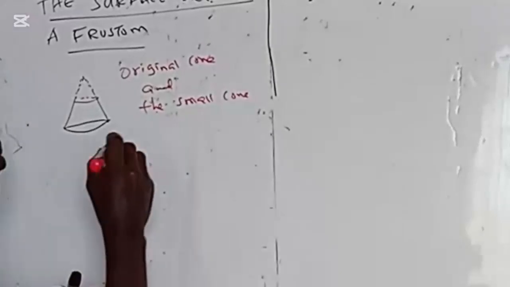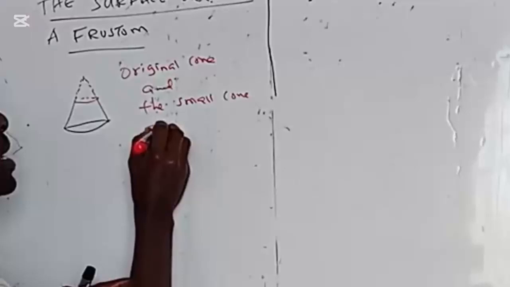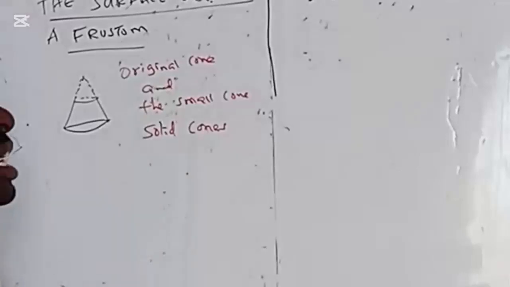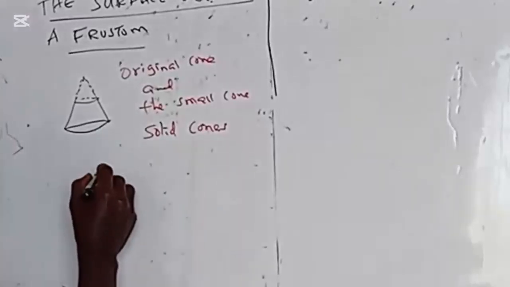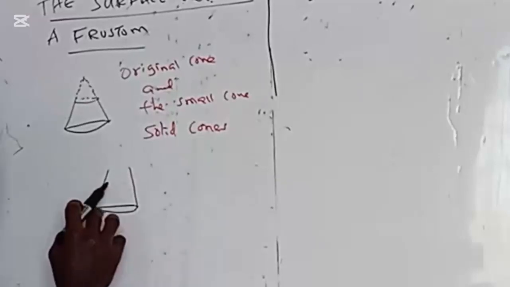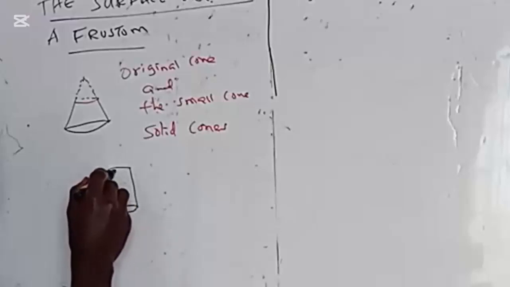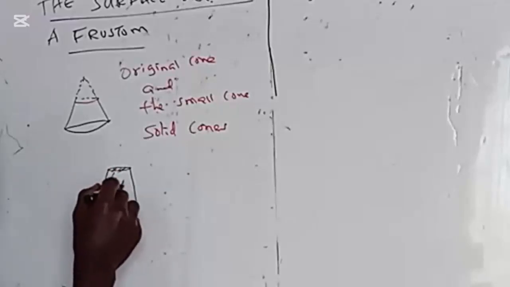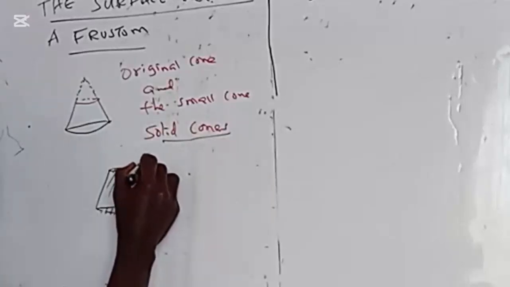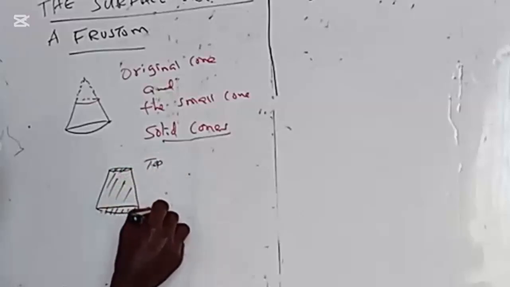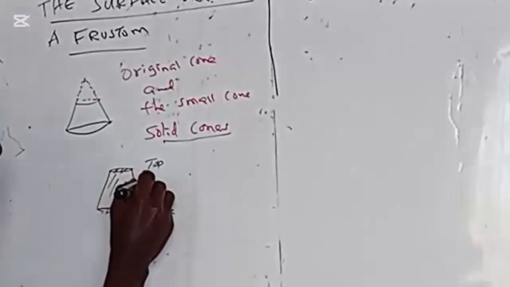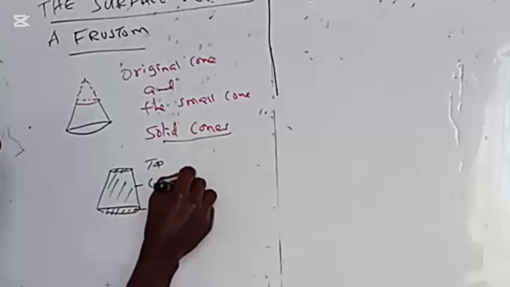I'll mention something. We have solid cones. Anytime a question talks of a solid cone, it means that after we remove our part, we are left with a surface like this. And a solid cone will have two bases, the top and the base at the bottom. Then it will also have the curved surface.